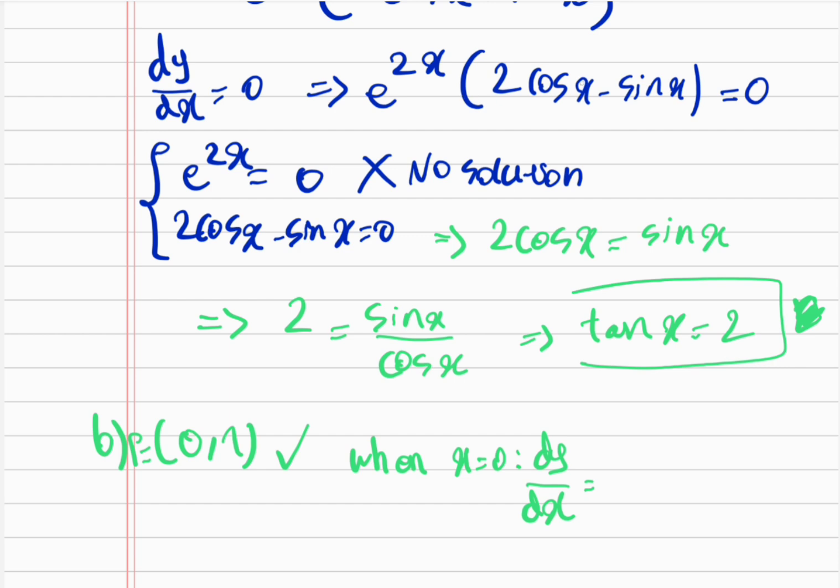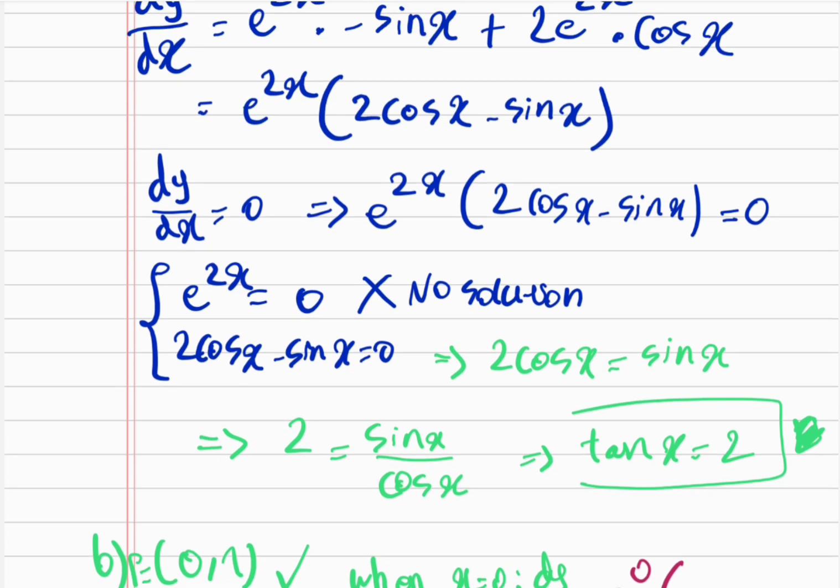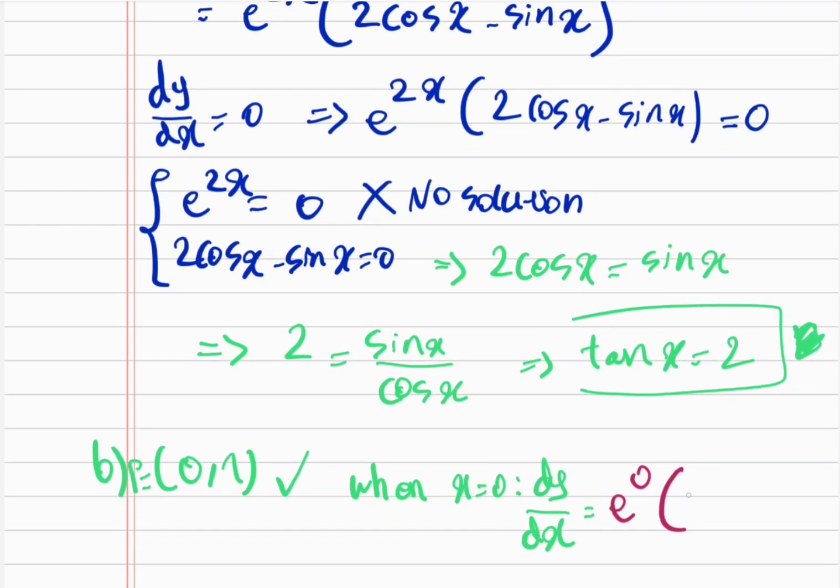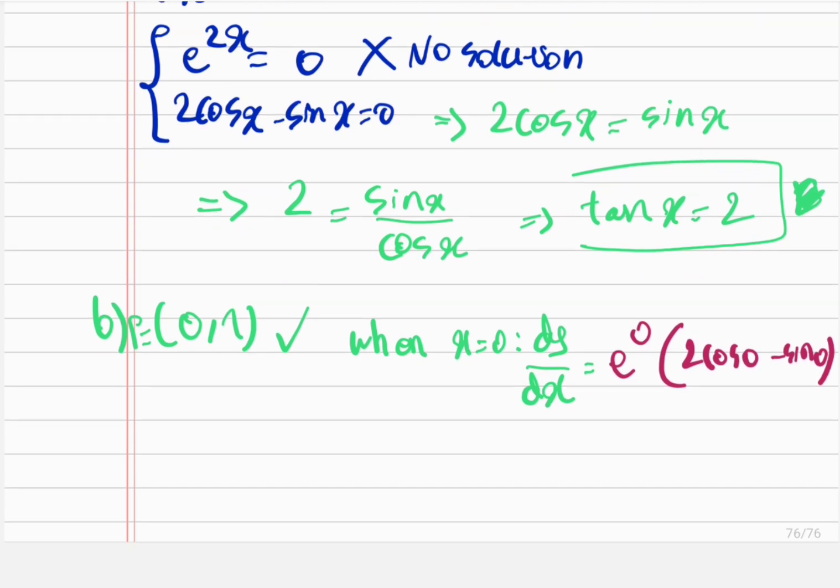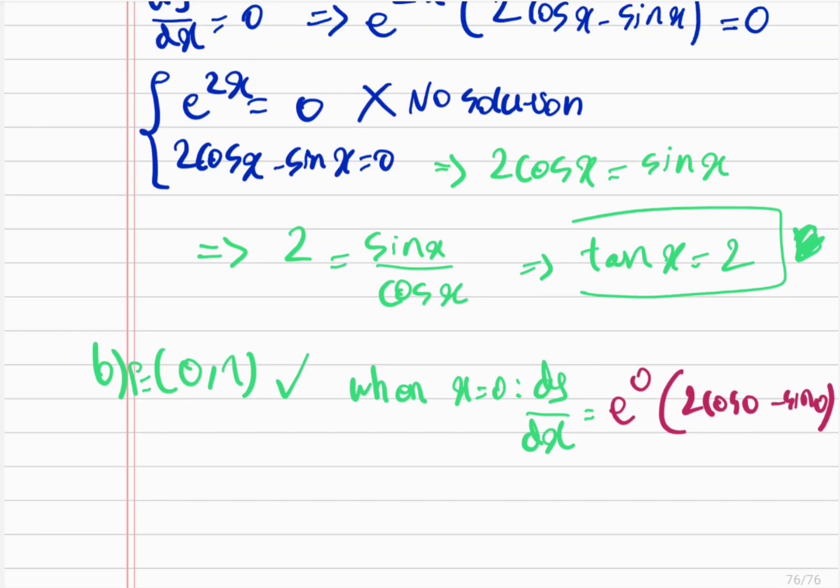Substituting into this equation, we have e^0 times (2 cos 0 minus sin 0). Remember that cos 0 is 1 and sin 0 is 0. So 1 times 2 is 2, and e^0 is also 1. So dy/dx = 2.